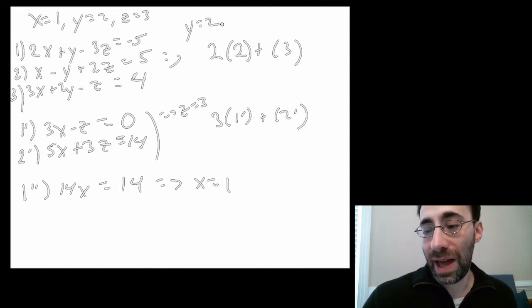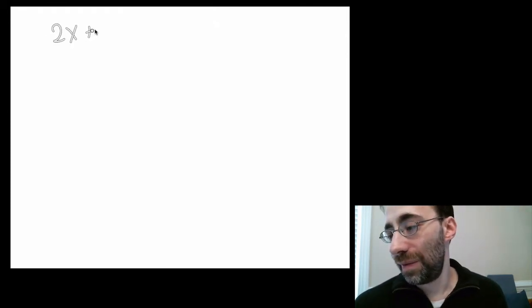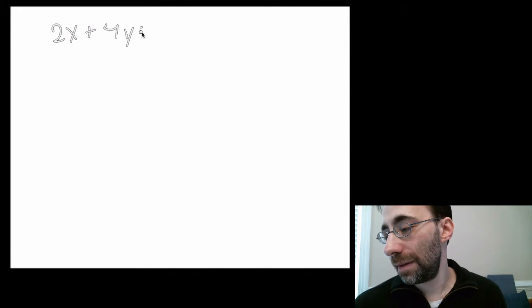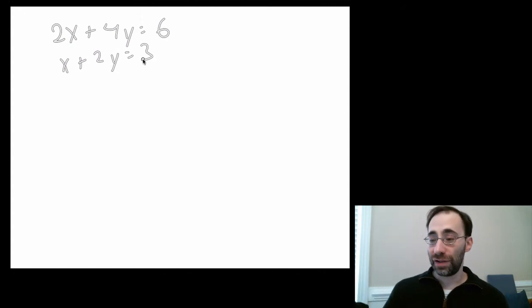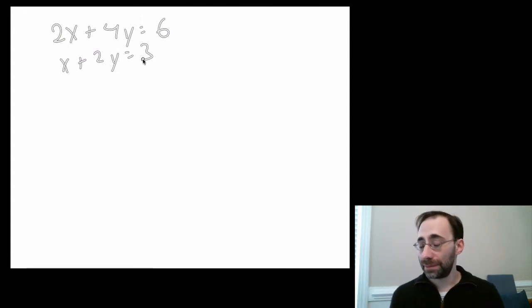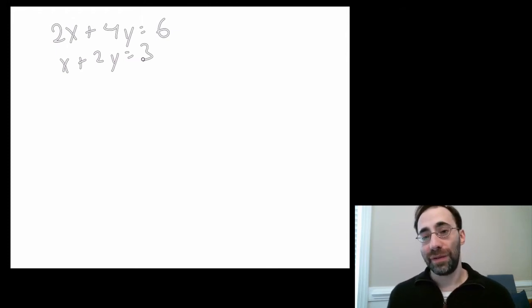What happens if we had an underdetermined system? Right, I can use the simple example from before. 6 and x plus 2y equals 3. So we know that the first one is twice the second one. How would this work using elimination? Well, let's say we want to eliminate x from the equations.